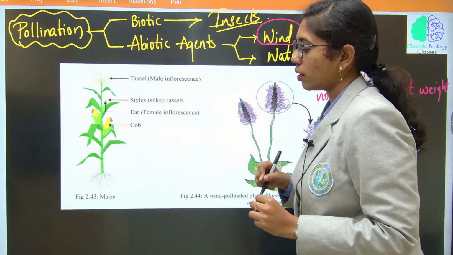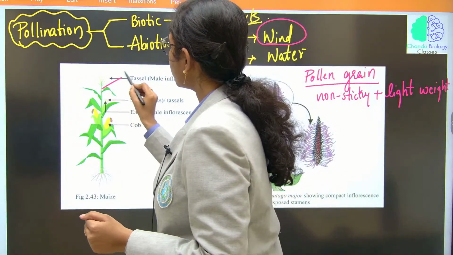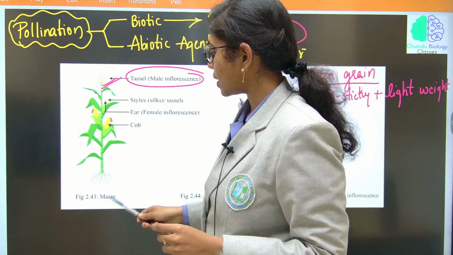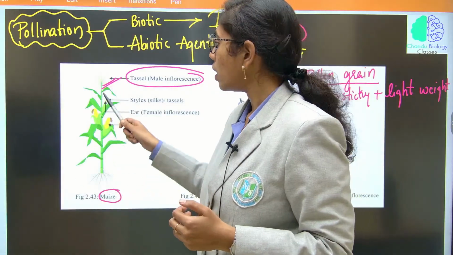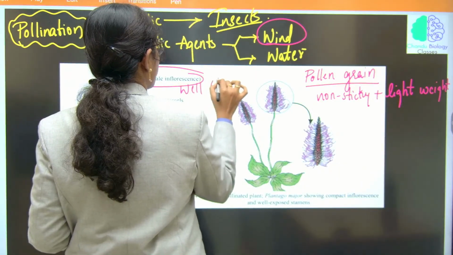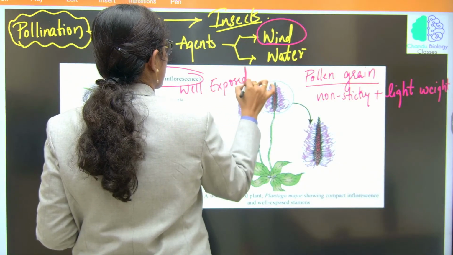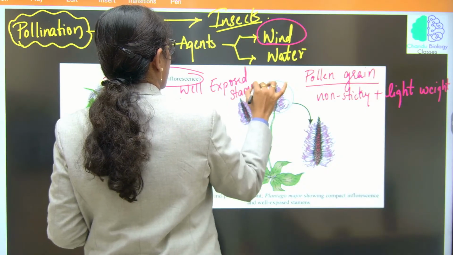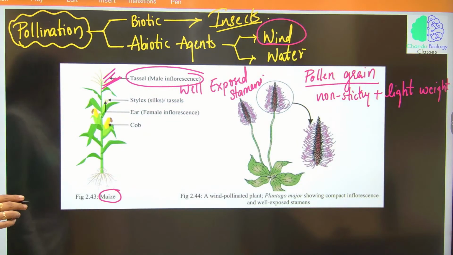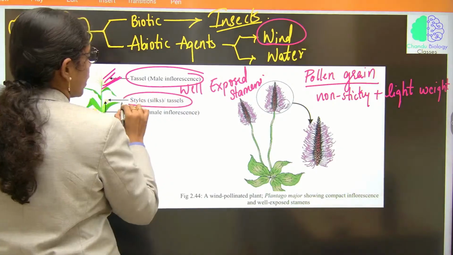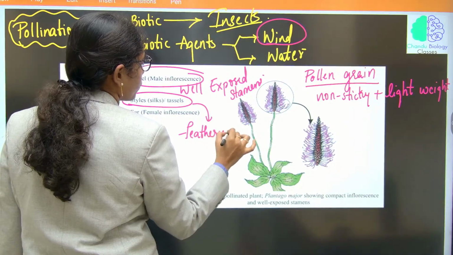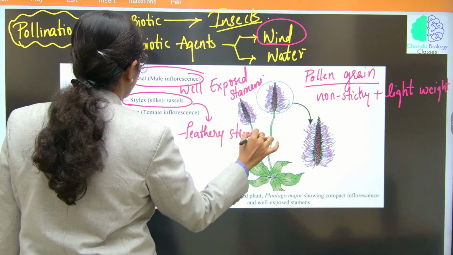The second most important feature is well exposed stamens. If you see the male inflorescence, those are tassels. The best example is the corn cob, the maize plant, wherein you can see well exposed stamens. And in the female inflorescence, you can see feathery stigma, which easily catches pollen grains.